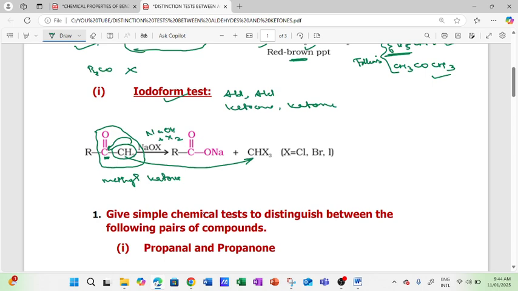If you are using iodine, iodoform is a yellow precipitate. CHI3 is yellow. So yellow precipitate formation takes place if it is a methyl ketone. And that CH3 part will be replaced by ONa. Wherever CH3 is there in the reactant, you change it into ONa. This is how we can write the reaction.